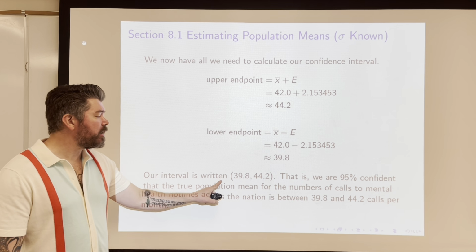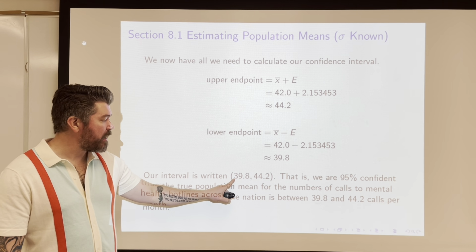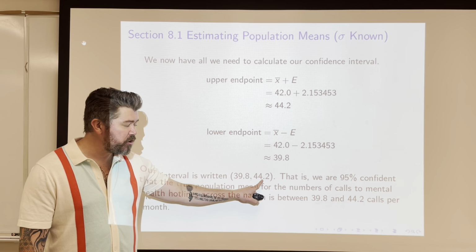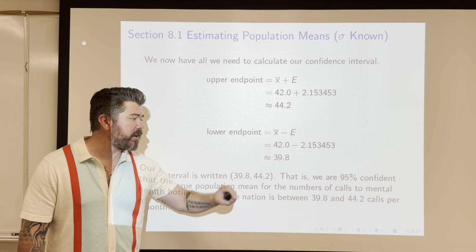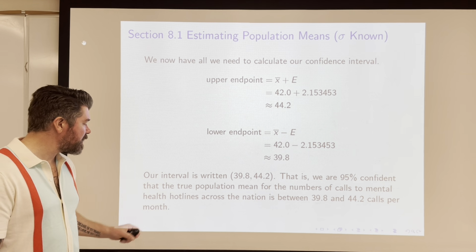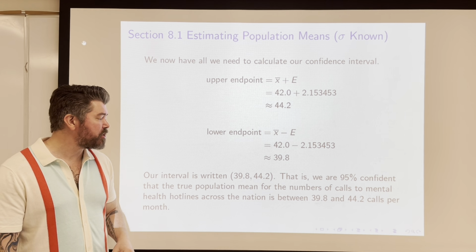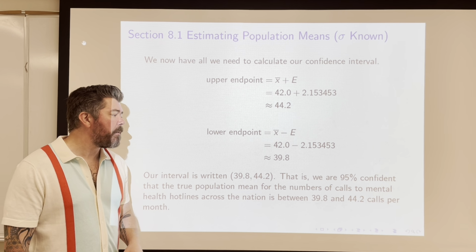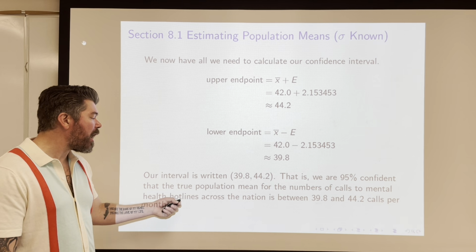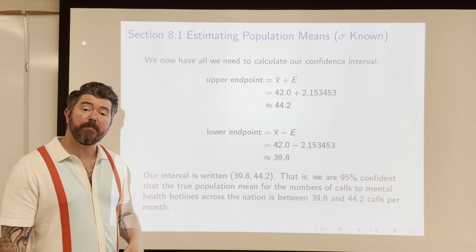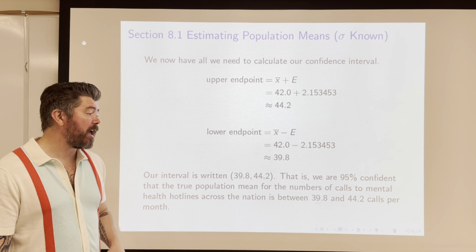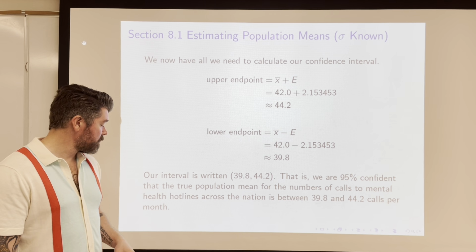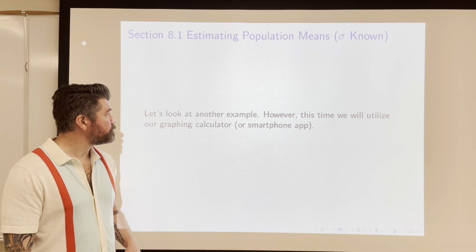Okay, so our interval is written as 39.8 to 44.2. That is, we are 95% confident that the true population mean mu for the numbers of calls to mental health hotlines across the nation is between 39.8 and 44.2 calls per month.